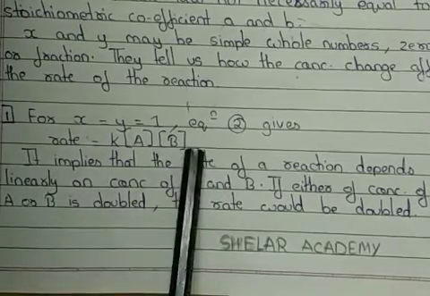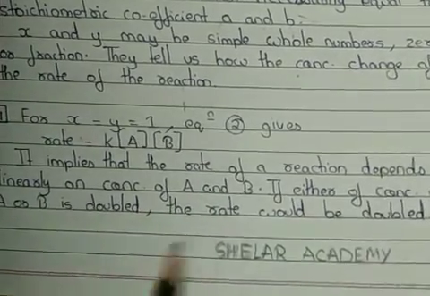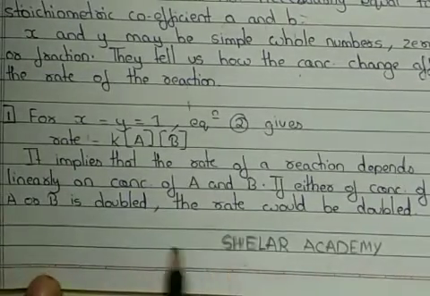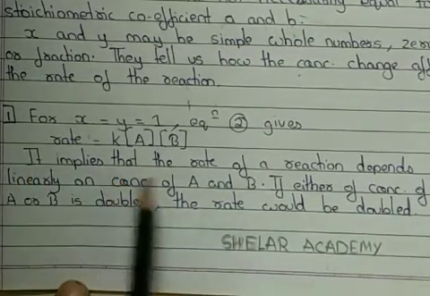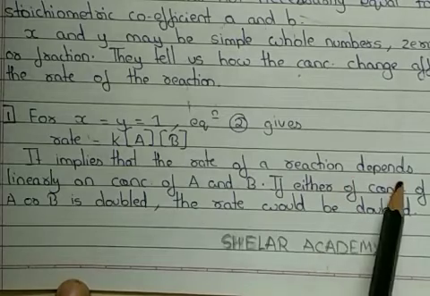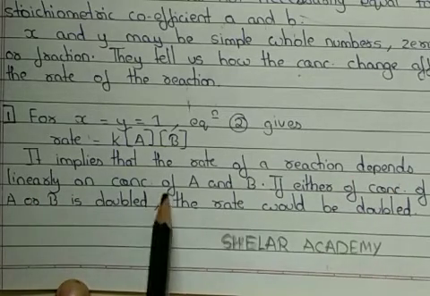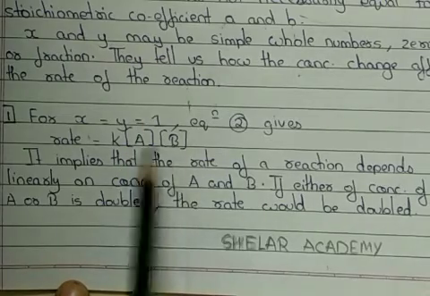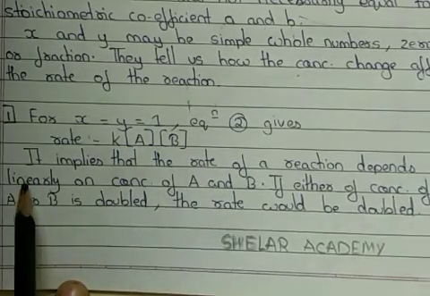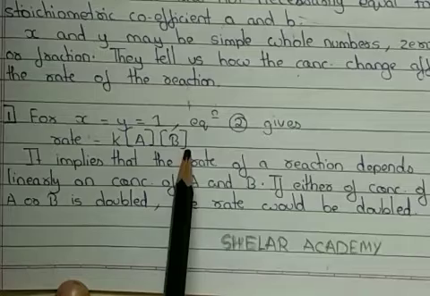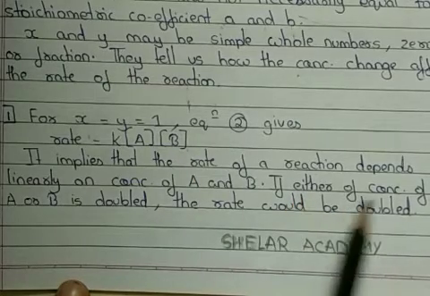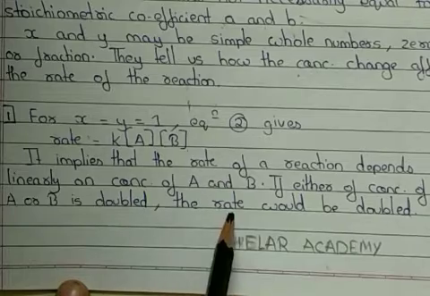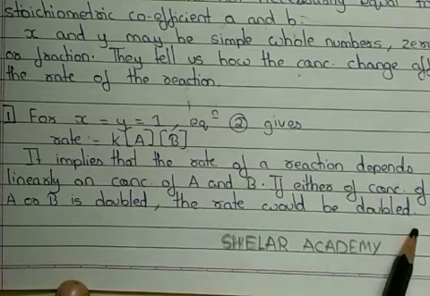Now based on this rate law equation, what we can predict is that the rate of reaction depends linearly on the concentration of A and B. It means it depends upon both concentrations, and linearly, that is, they are directly proportional. If either concentration of A or B is doubled, then the rate would be doubled.